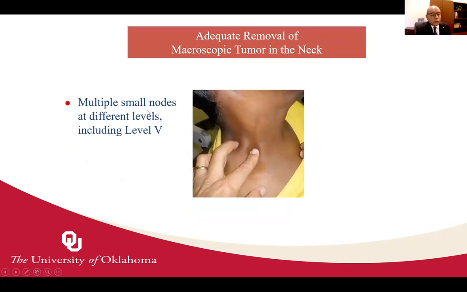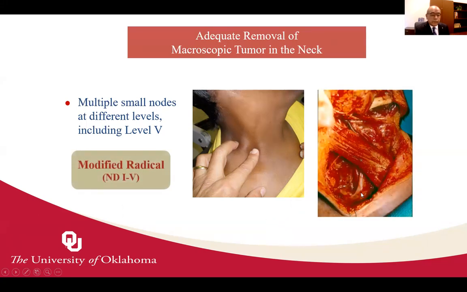When there are multiple nodes at different levels, including level 5, as in this patient, then adequate removal can be done with a neck dissection that preserves the internal jugular vein, the sternocleidomastoid muscle, and the spinal accessory nerve.